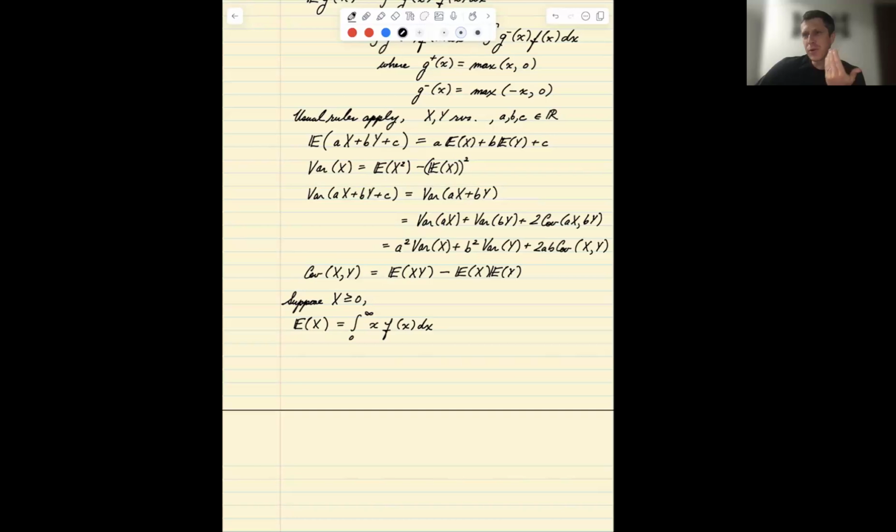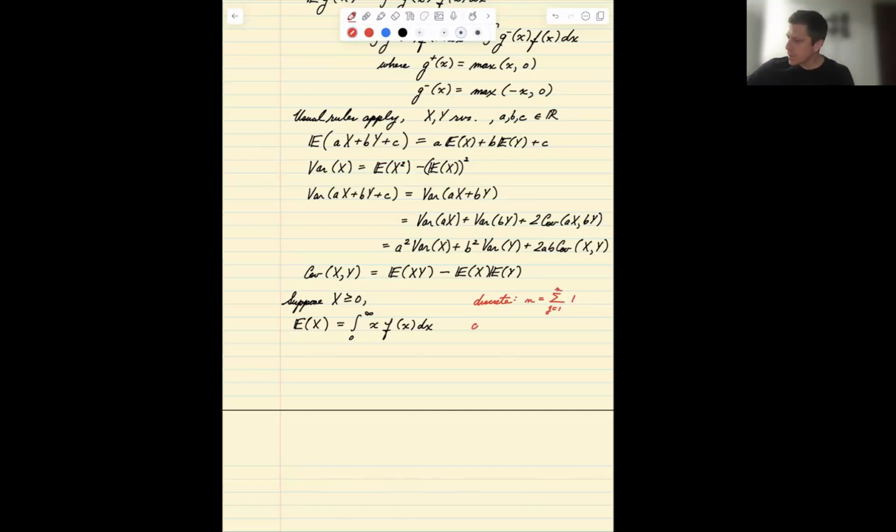And now here's where we have to get creative again. One thing we can do is rewrite x. Remember how in the discrete case we could write an integer n as the sum from j equals 1 to n of a constant 1.